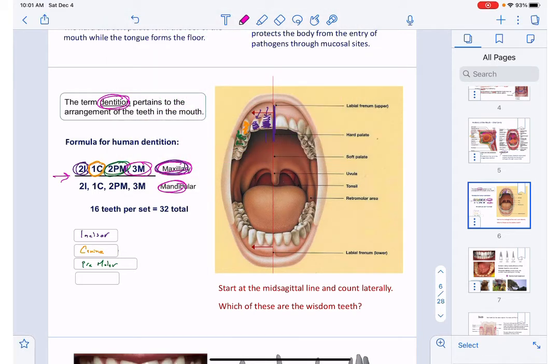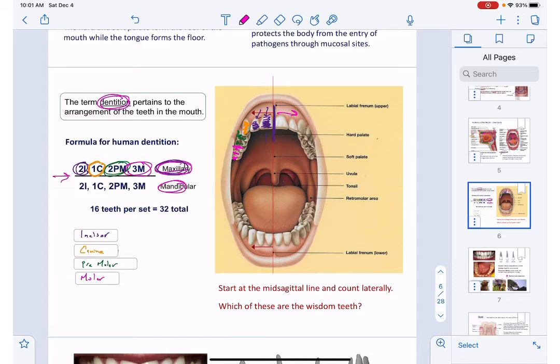And what does that M stand for? Those are our molars. 1, 2, 3. And so, yeah, that's the dentition for the maxillary set. And then obviously, there's the same set on the other side.